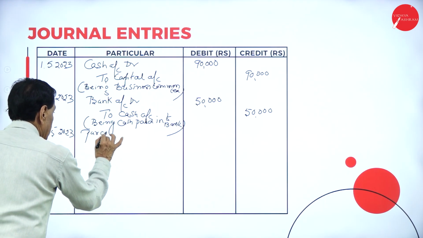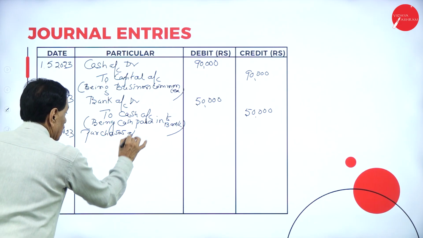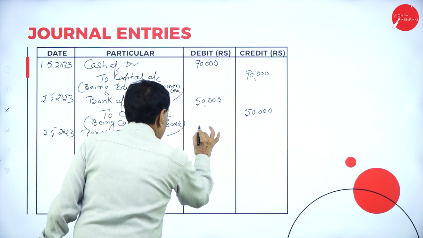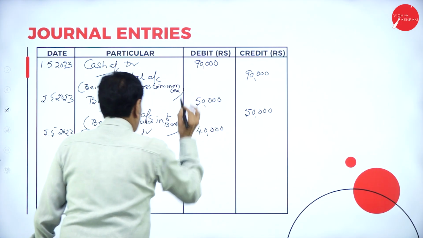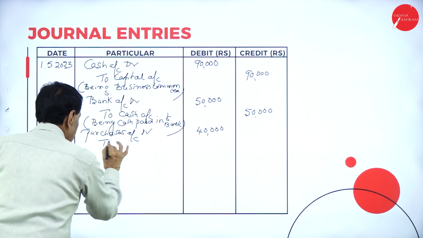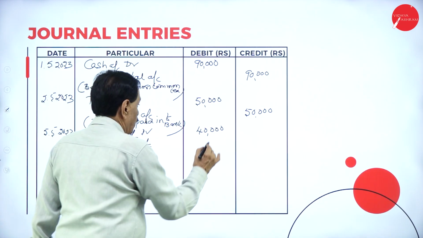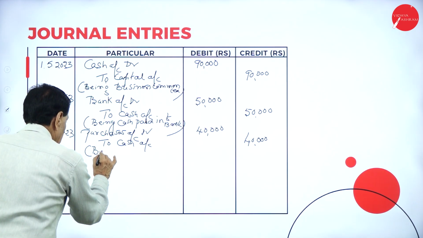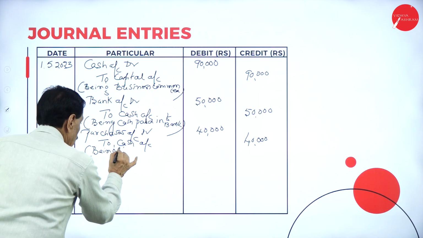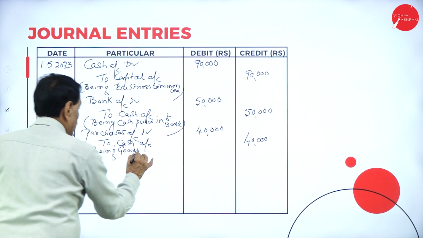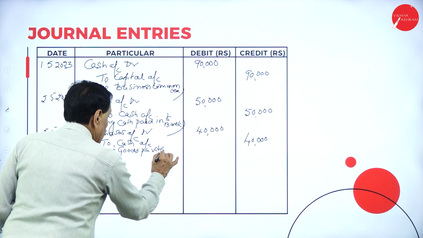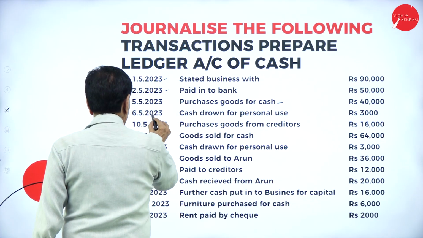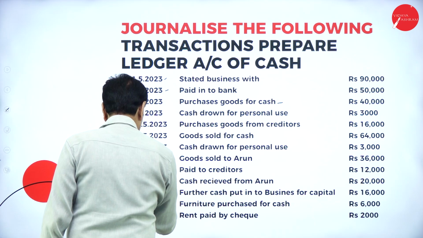Purchases account debit, what's the value? 40,000, to cash account, 40,000, being goods purchased for cash. So this is over.